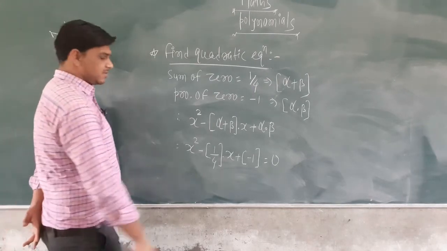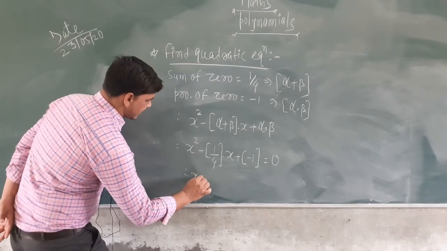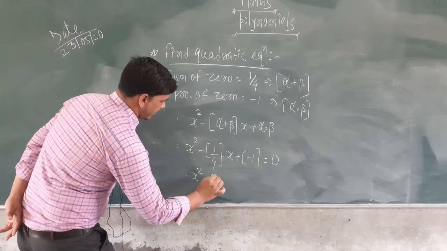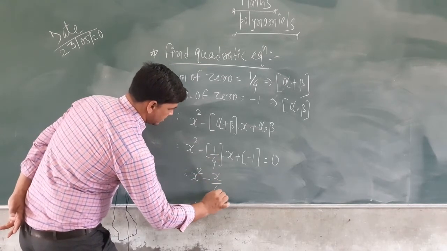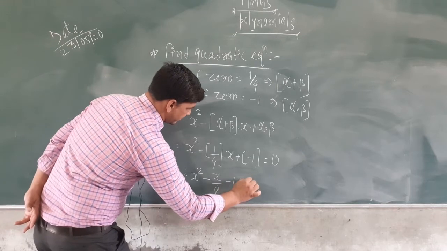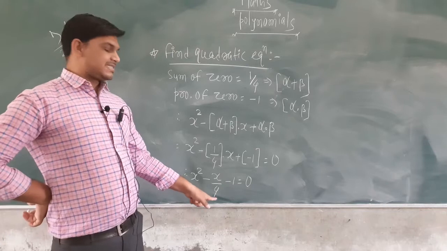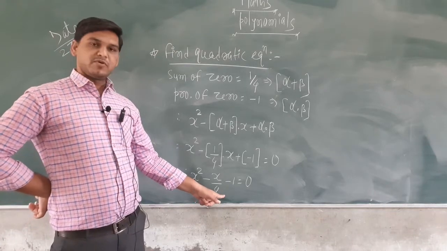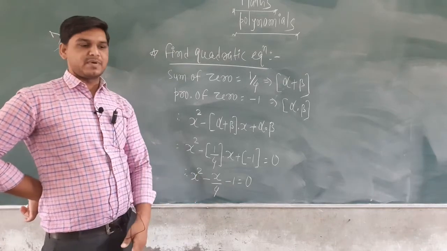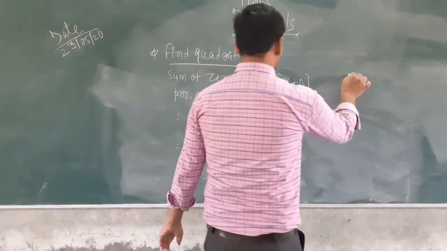So how can we solve this? x square minus x upon 4 minus 1 is equal to 0. Here the denominator is 4, so you have to remove the denominator by multiplying by 4.